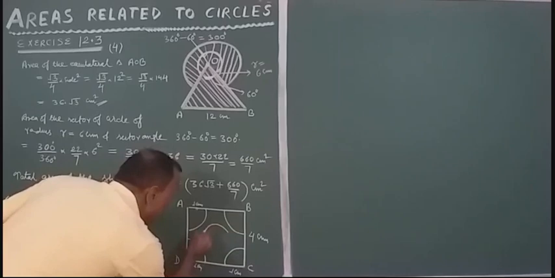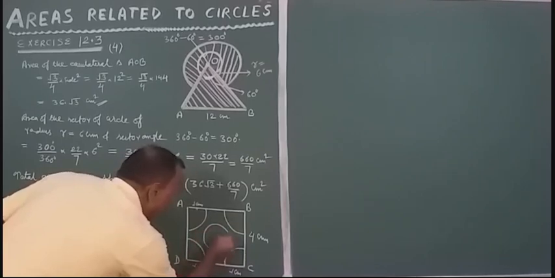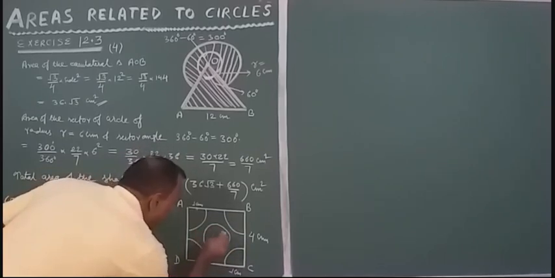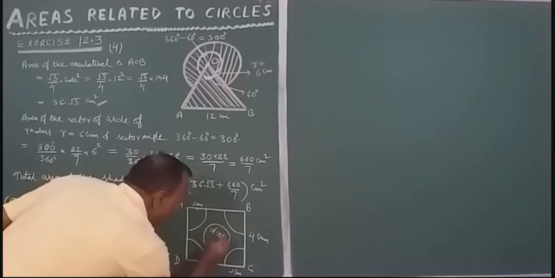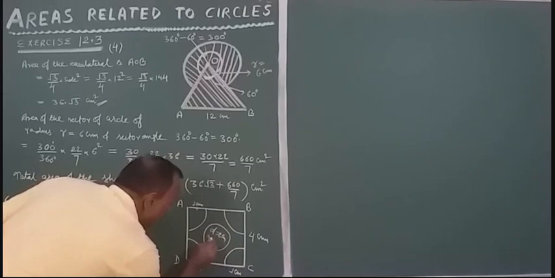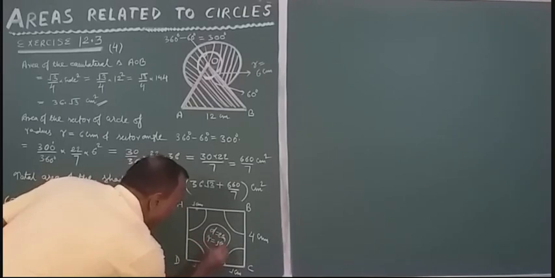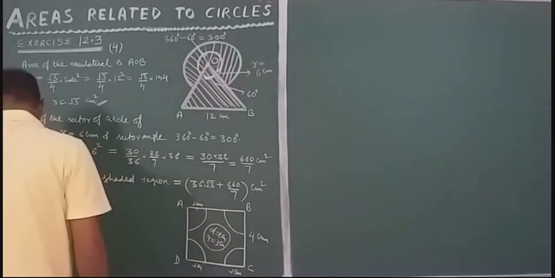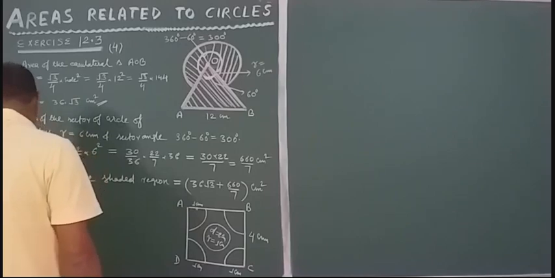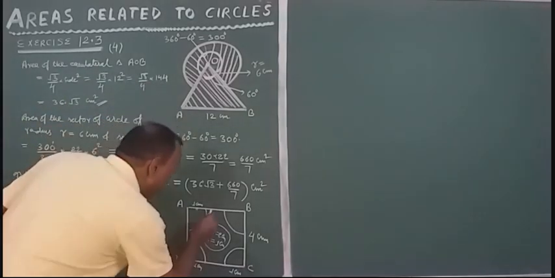This circle of diameter 2 centimeter, its diameter is 2 centimeter, therefore its radius will be 1 centimeter, is cut. Find the area of the remaining portion of the square. This is the remaining portion.